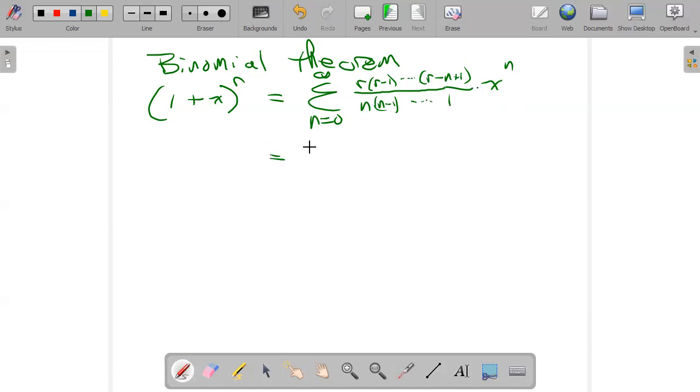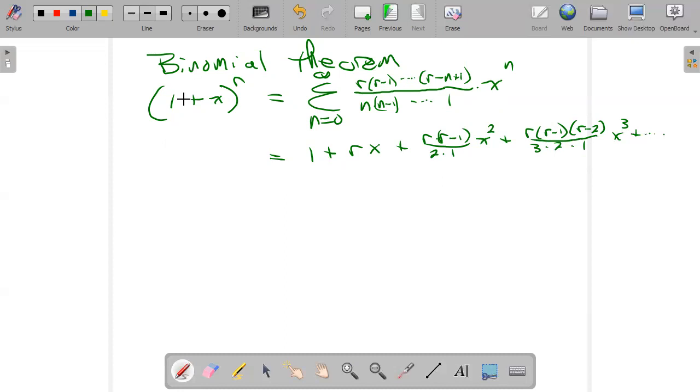And that's always going to look like 1 plus r times x plus r times r minus 1 over 2 times 1 x squared, plus r times r minus 1 times r minus 2 over 3 times 2 times 1 x cubed, and so on.